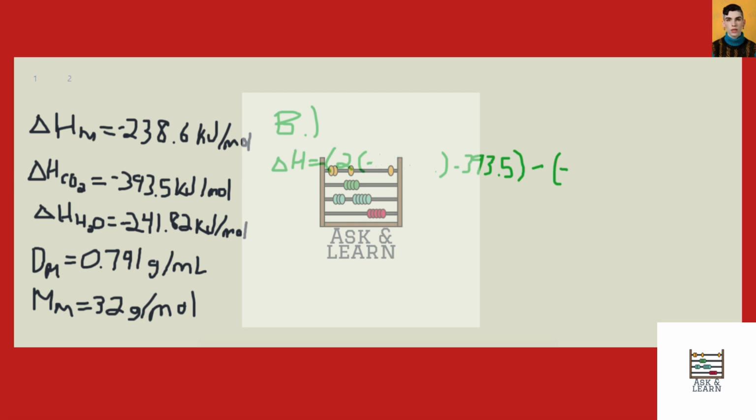Oh, we need to use the value for steam. So delta H of the reaction is 2 times negative 241.82 minus 393.5 minus negative 238.6. So delta H for the reaction is minus 639 kilojoules.